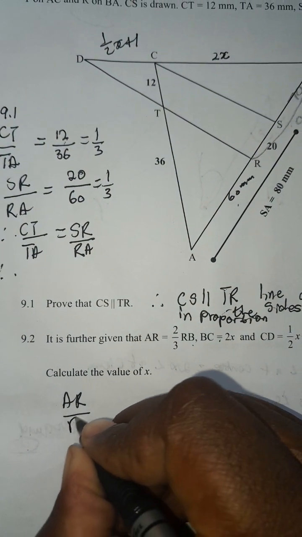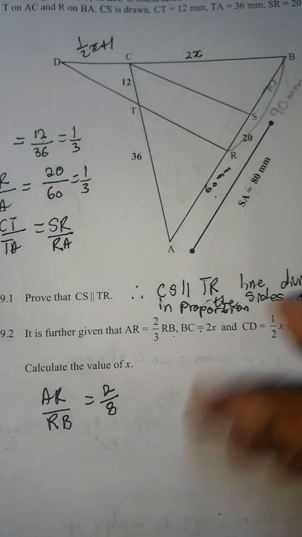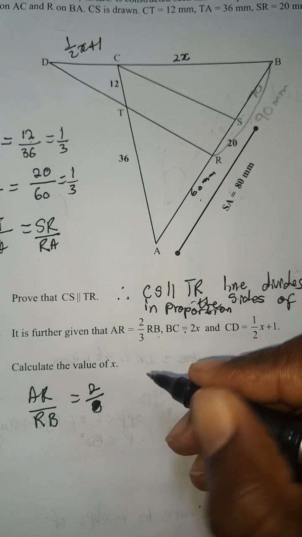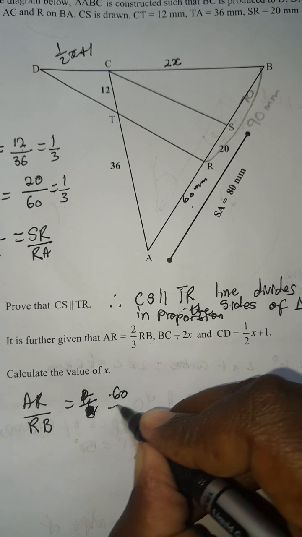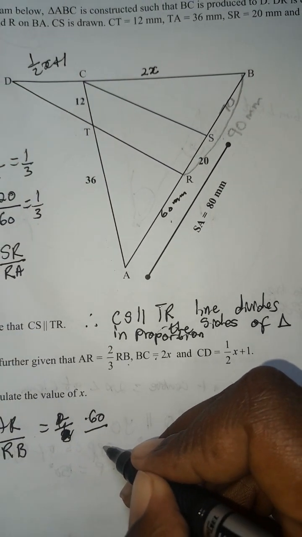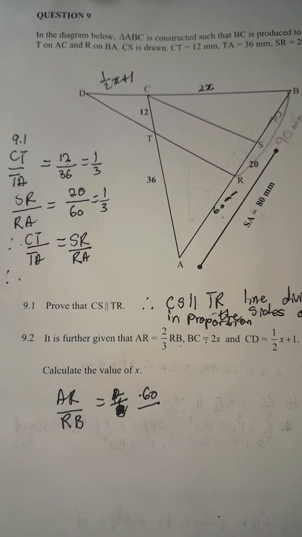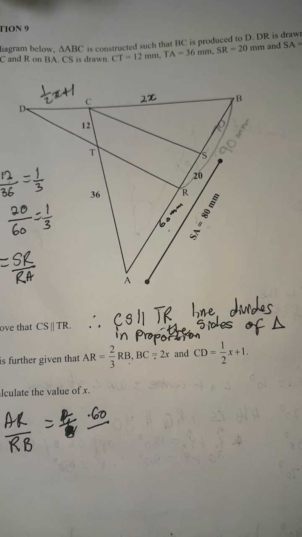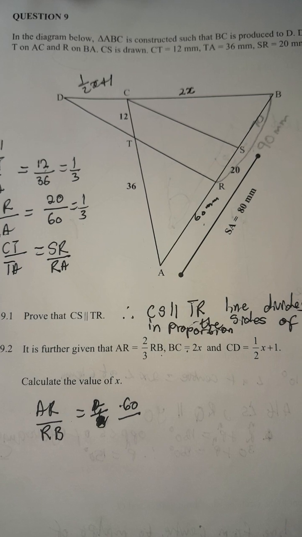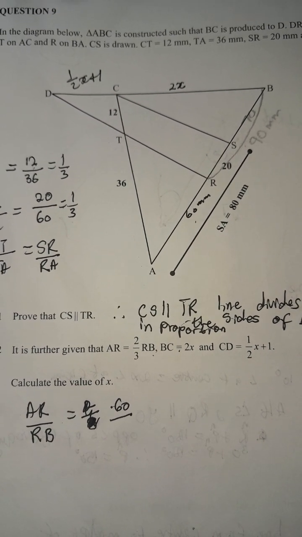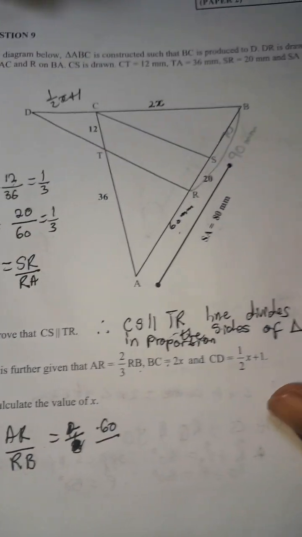It's also important to review proportionality before you start. AR is 60, divided by RB. We need to find RB, guys. Let's see what we can do there.